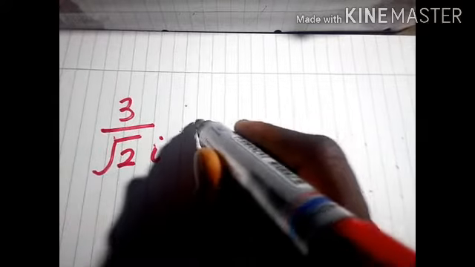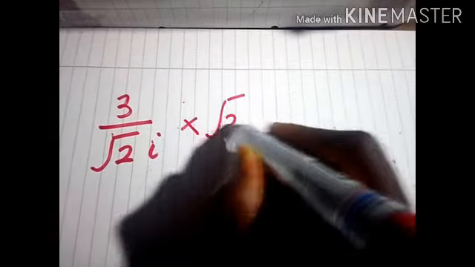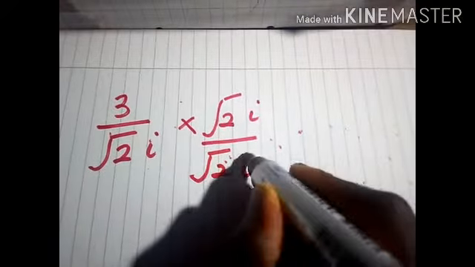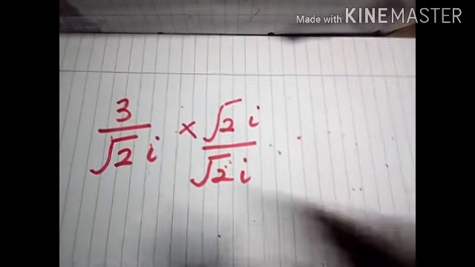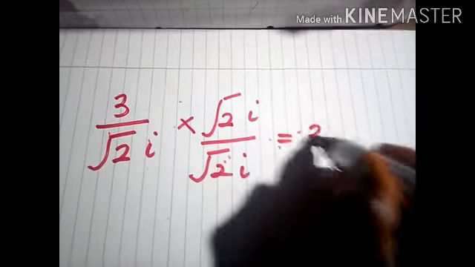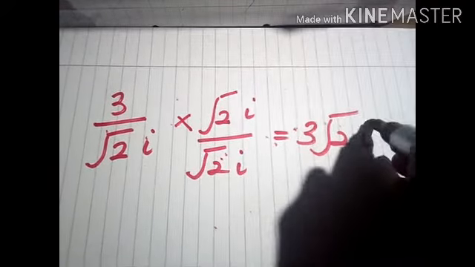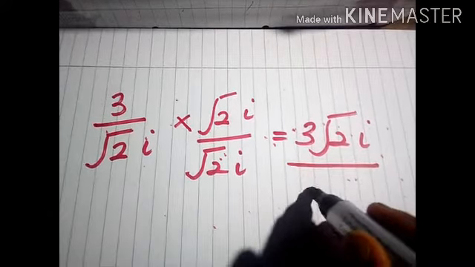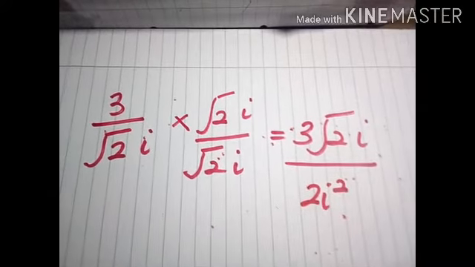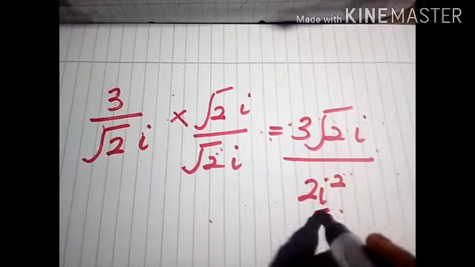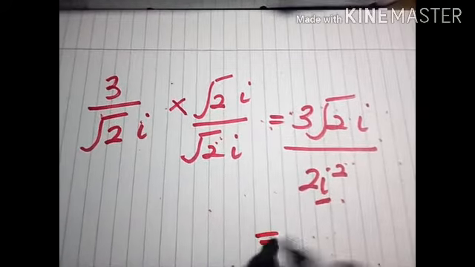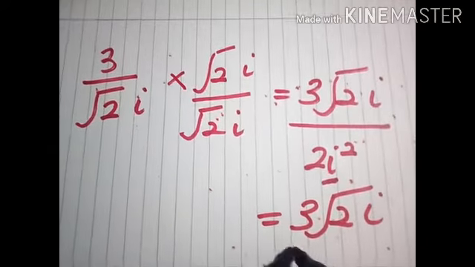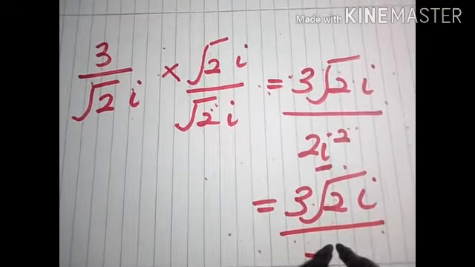So that's going to be times root 2i over root 2i. So that is going to be 3 root 2i divided by 2i squared. But i squared is negative 1. So that is going to be 3 root 2i divided by negative 2.